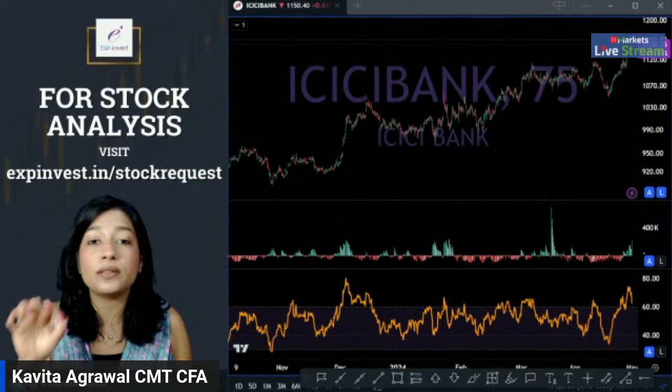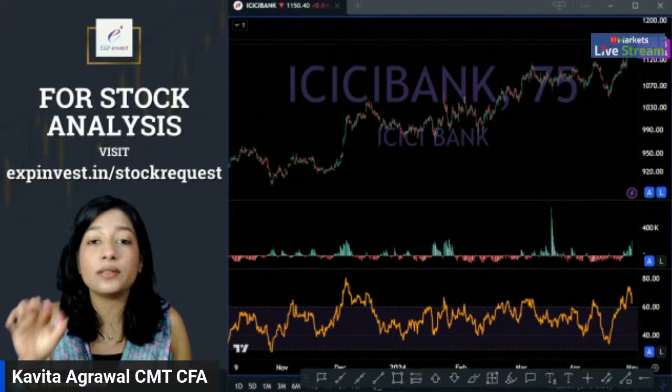Why? Because the RSI here has come down from the level of almost 60 and is touching the level of 30, a phenomenon which has not happened since this bull trend started. Now if you want to observe this in the past, you can see this in the past as well.